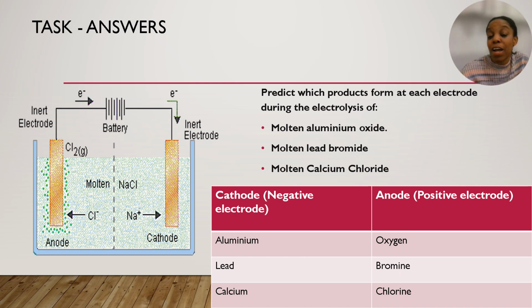The electrode would have donated electrons to them to allow them to form metal atoms. At the anode, the oxide, bromide, and chloride ions would have moved. They would have been attracted to that positive electrode, and when they got there, they would have donated their electrons to the electrode, and they would also form atoms. If you got them right, good job.